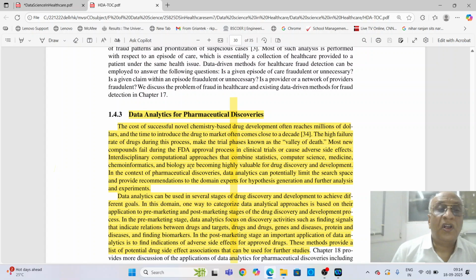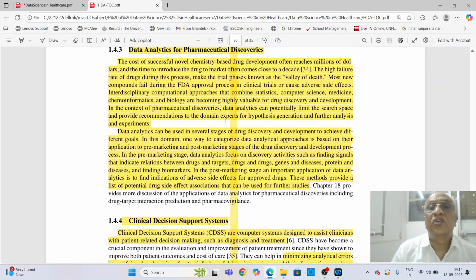So there are interdisciplinary computational approaches that can combine statistics, computer science, medicine, chemoinformatics, and biology. So they help in drug discovery and development. As far as pharmaceutical discoveries are concerned, data analytics is playing a huge role. It can provide recommendations to the domain experts for hypothesis generation and further analysis and experiments.